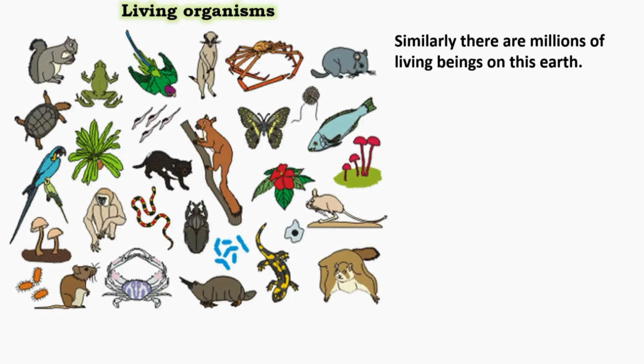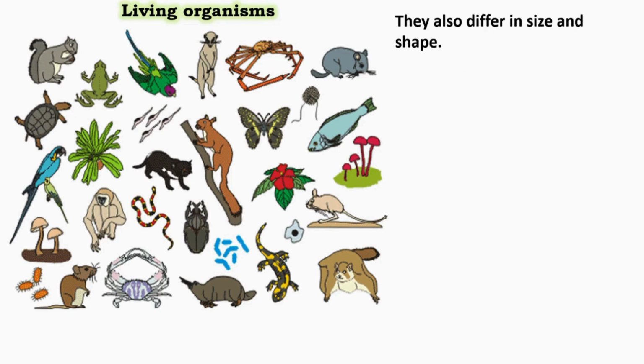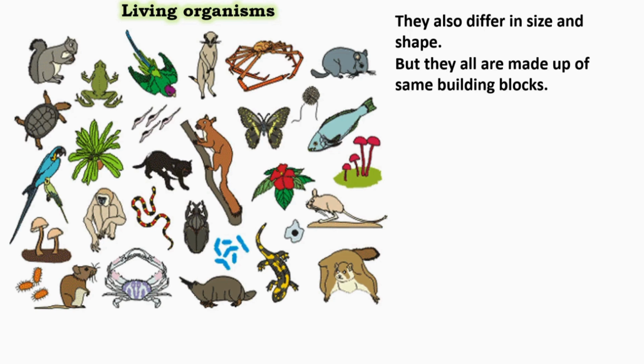Similarly, there are millions of living beings on this earth, living organisms. They also differ in size and shape, but they all are made up of same building blocks. These building blocks are called cells.